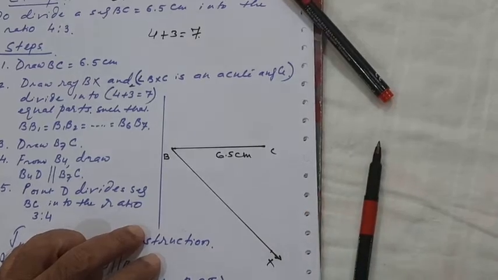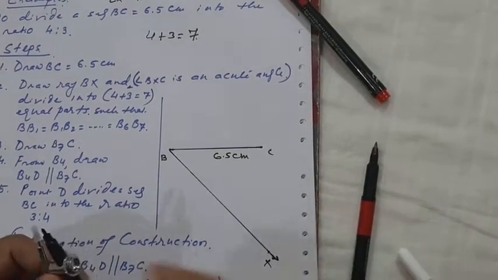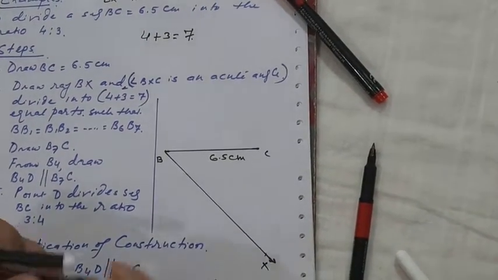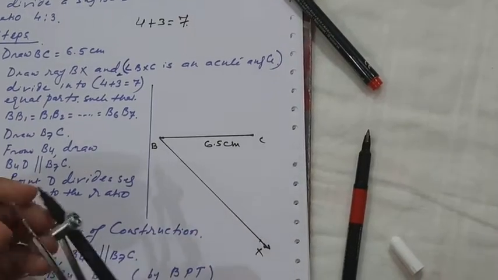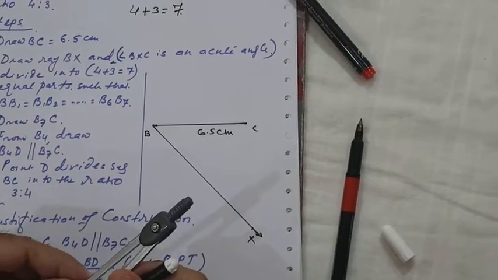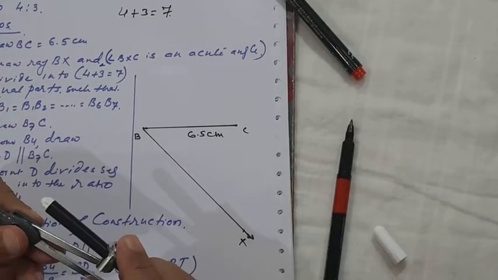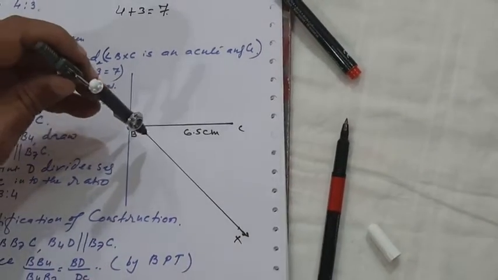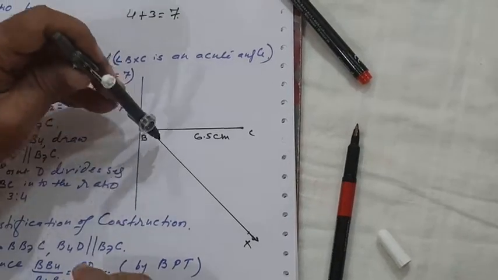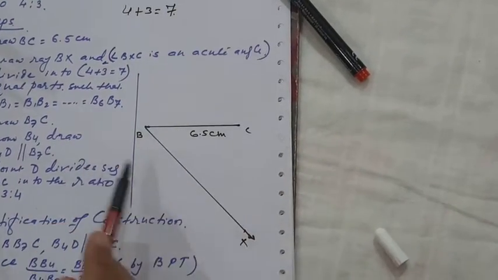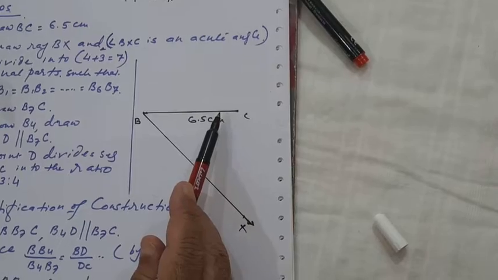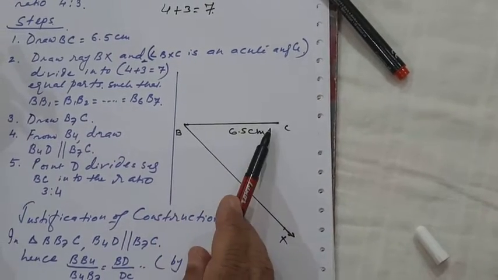Now take compass, take some radius, not very big, not very small. Now remember that we have to divide this BC in the ratio 4:3.